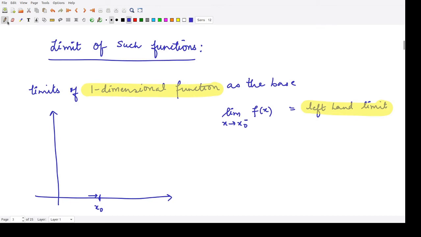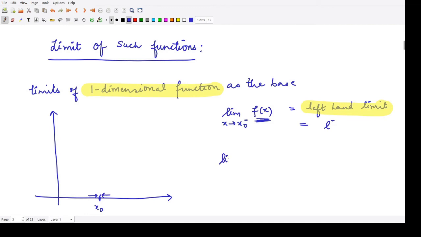So that means whenever the distance between this point x and x naught is really small, in that case the value of the function reaches some limit, say L negative, right? And then you'll seek the limit of this function from the right hand side.